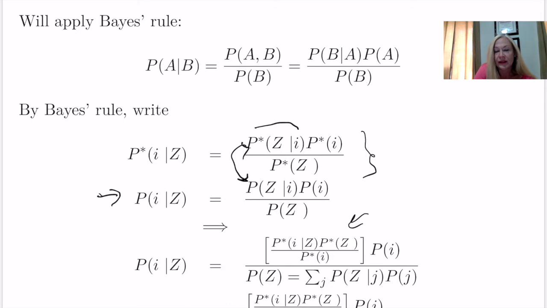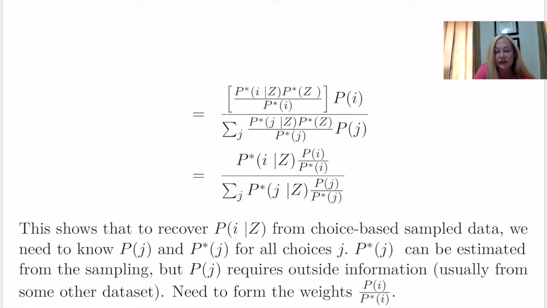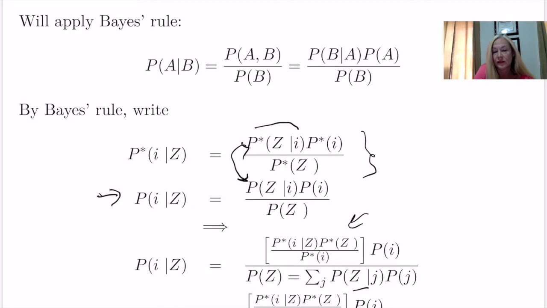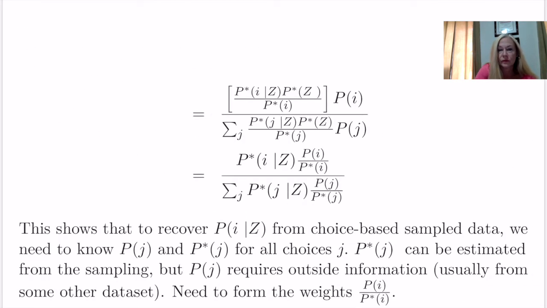Now for the denominator, P of Z, you can divide it in this way, and again plug in P star of Z given J, because P of Z given J equals P star of Z given J. We've written it like this so far.